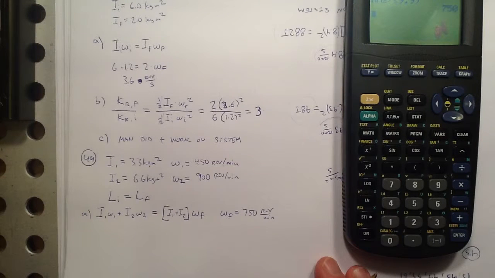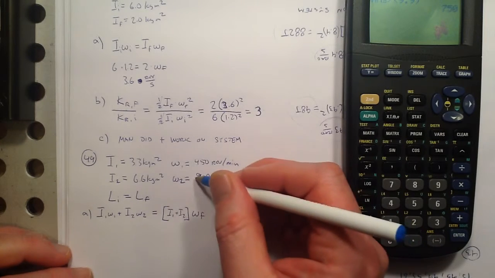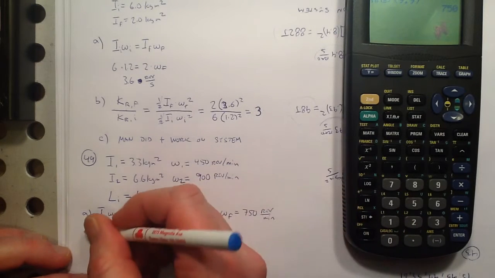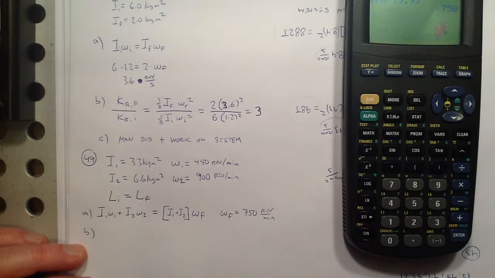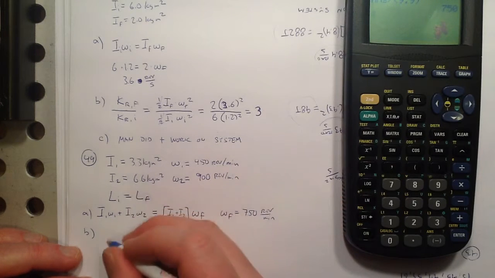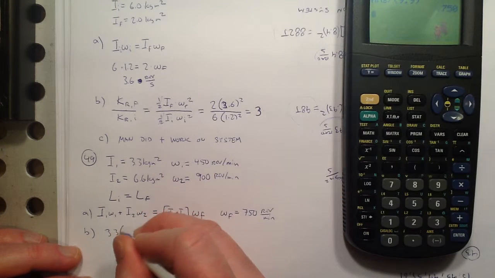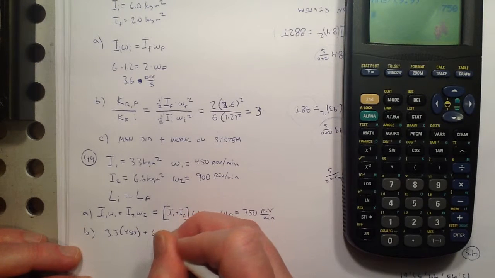If instead the second disc is set spinning clockwise at 900, then what is the angular speed and direction of rotation after they couple together? Well, I'll take clockwise to be the negative direction, so the calculation will look exactly the same as this, except my I omega will be 3.3 times 450 plus 6.6.